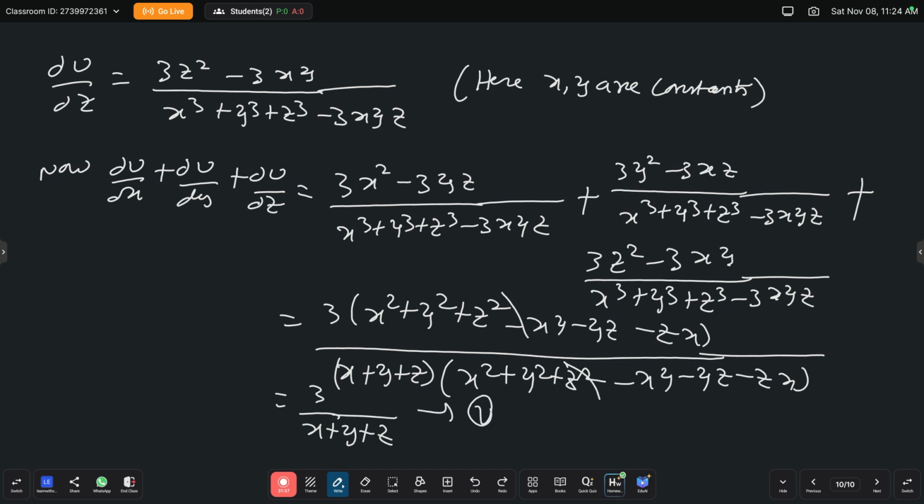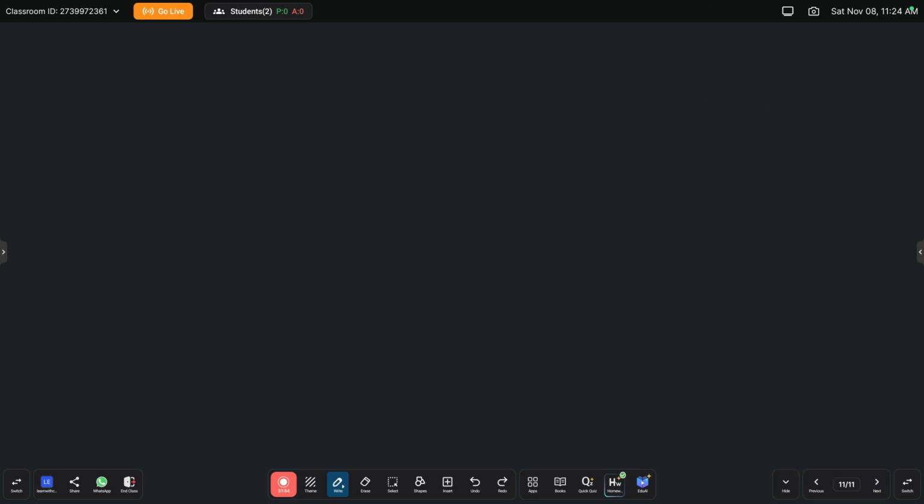Okay, now what is the LHS? ∂u/∂x plus ∂u/∂y plus ∂u/∂z. The result is 3 by (x plus y plus z). Now you can find the result: (∂/∂x plus ∂/∂y plus ∂/∂z) whole square into u is equal to.